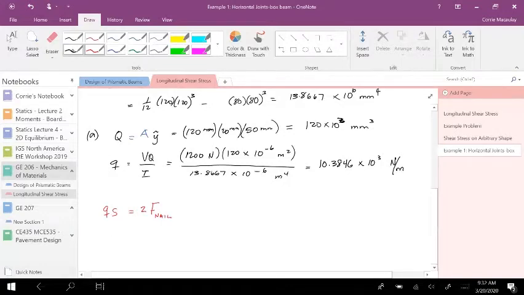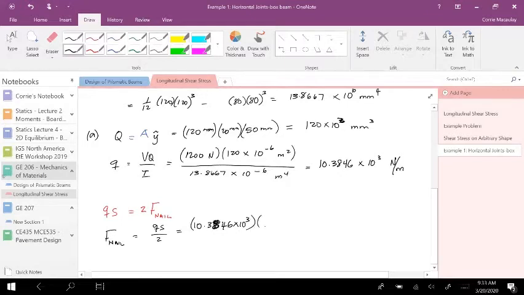All right, so therefore I can write F, the force in each nail, is going to be QS over 2, and therefore I should end up with 10.343846 times 10 to the 3.